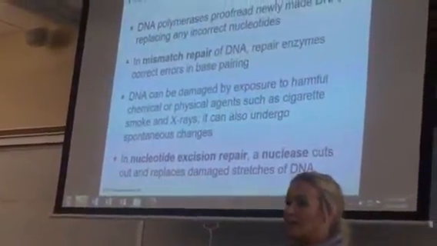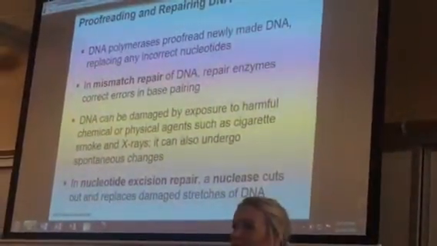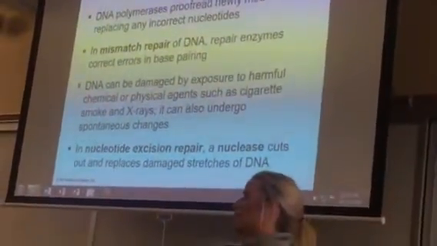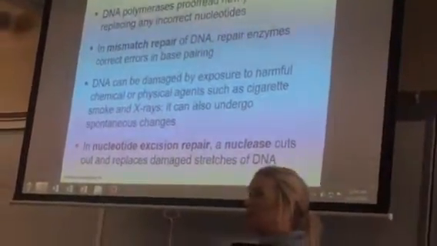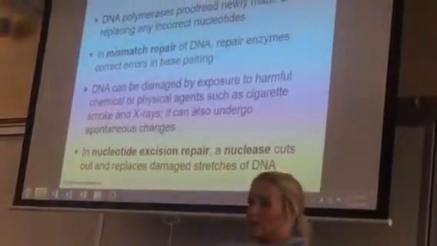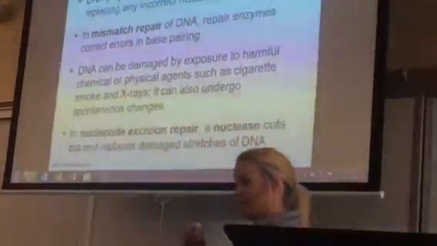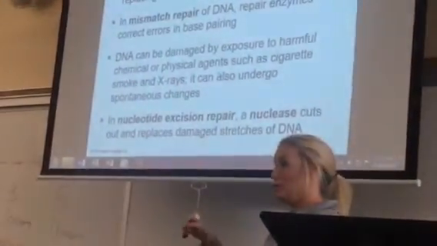If that is not corrected, every time that cell divides, the daughter cell will have the incorrect sequence, okay? Normally we think we can only pass down damaged DNA through our gametes. But if you do get an error or a mutation in a somatic cell, you're not going to pass that defect or incorrect sequence down to your children.